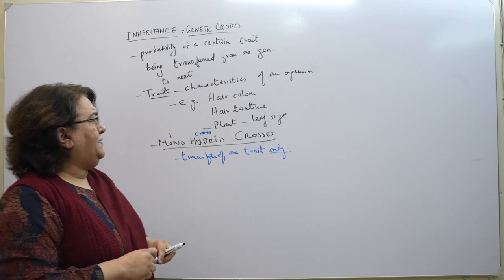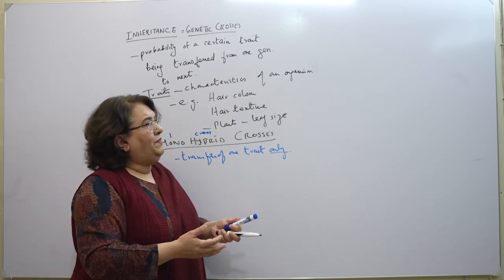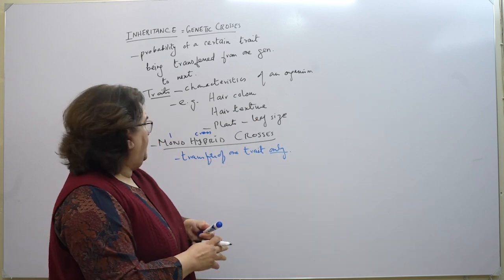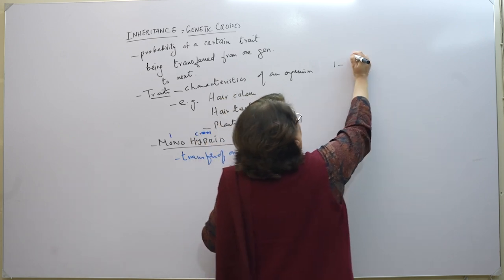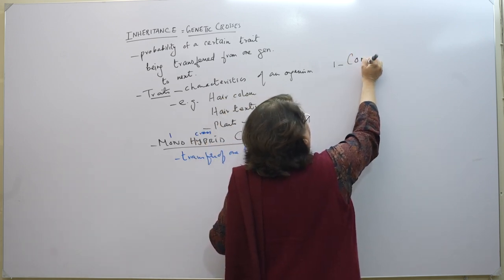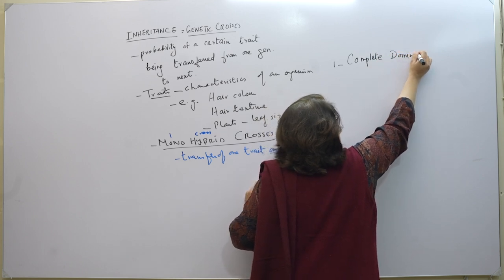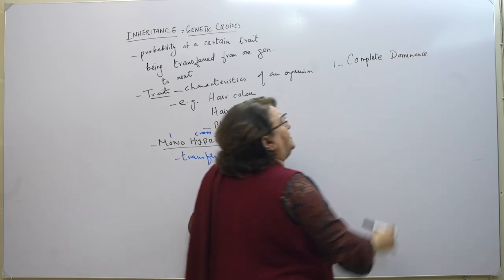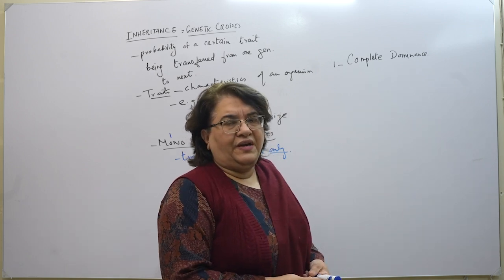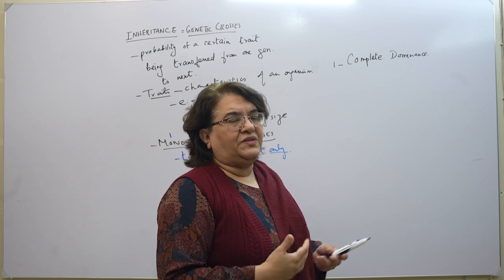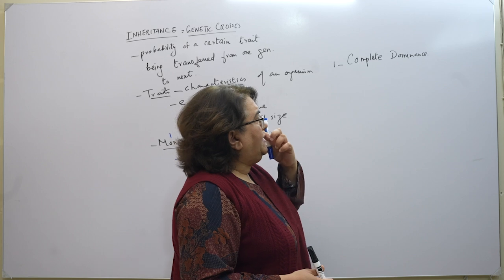Now, the different types of monohybrid crosses in your syllabus are, I'll make a list and then we'll go through them one by one. The first one is what is termed complete dominance. Those of you who have an interest in the history of genetics, Mendel was a mathematician and he introduced the concepts of genetics, the genes and all, and he gave us these genetic crosses, okay?